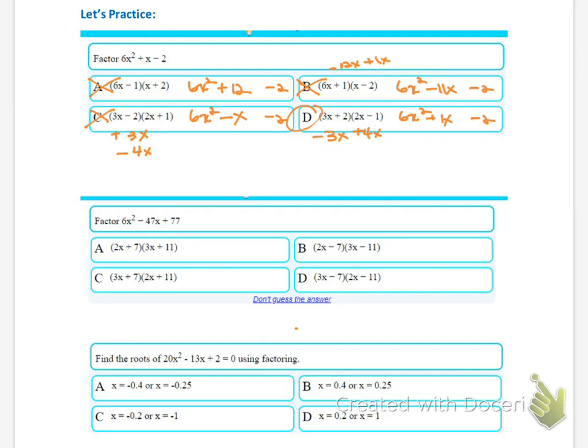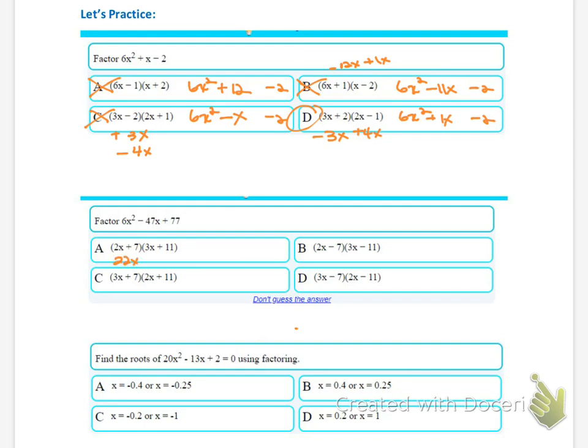Okay, so if we did the same method for the next one, I'm seeing that my first term is a 6x squared in every case. My last term is a positive 77 in every case. So once again, I've got to go for the middle terms. So I have 2x times 11x to do the outers is going to be 22x.